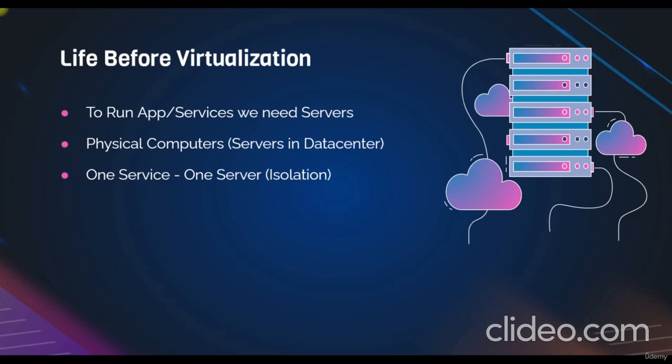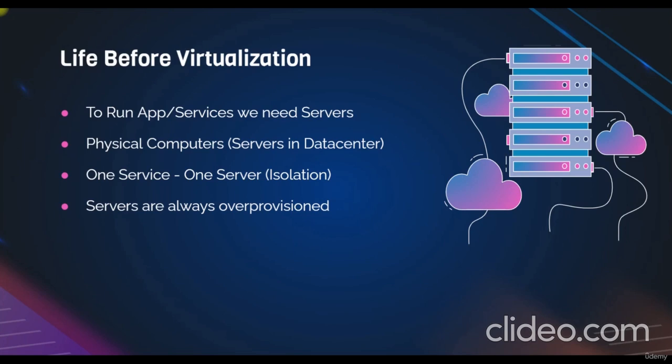And this is for isolation. So if your database server is running, you don't want to run web server in the same machine or web service in the same computer. If we run multiple main service in one server, it's like putting all our eggs in one basket, which can lead to catastrophe. So this is called as isolation. And servers are always over provisioned.